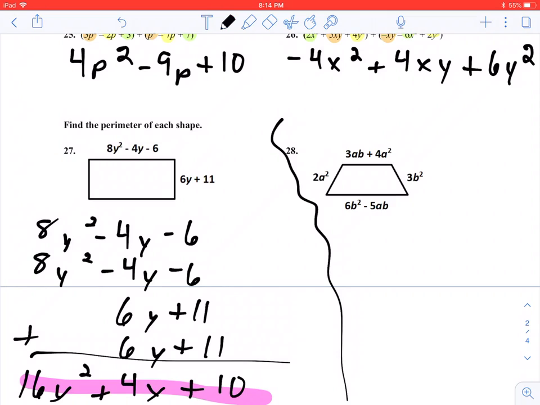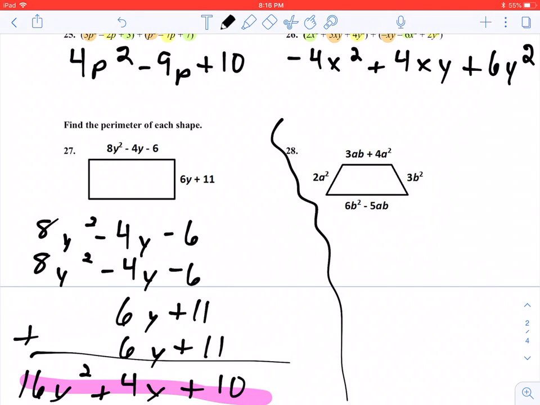28 is a little different. The reason why it's different is the lengths of the sides are all different. So you don't have to repeat anything twice because there's no double sides. You just have to list them all. The tricky thing is adding up all the like terms. So we have a 2a squared and we have a 3b squared. I'm going to run out of room here. Actually, before I do that, I'm going to back up for a second.